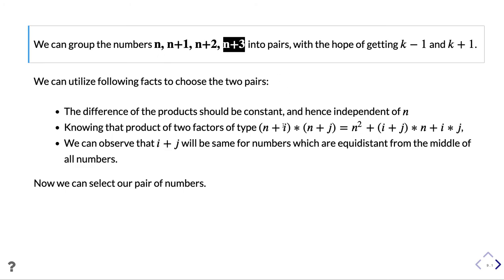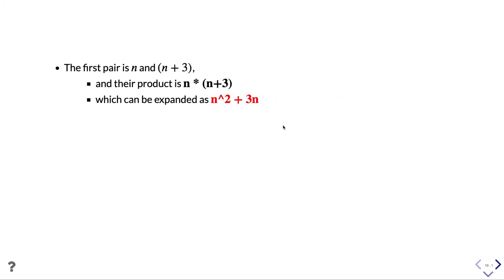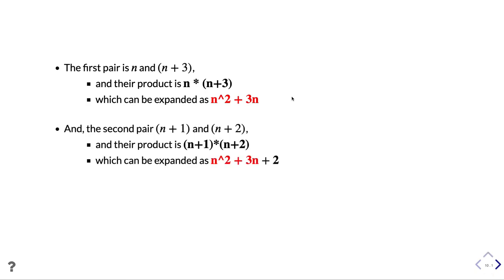And now, using this intuition, we can select our pair of numbers. The first pair which we choose is n and n plus 3, as described before. Their product comes out to be n into n plus 3, which can be expanded to n square plus 3n. Now the second pair is n plus 1 and n plus 2.